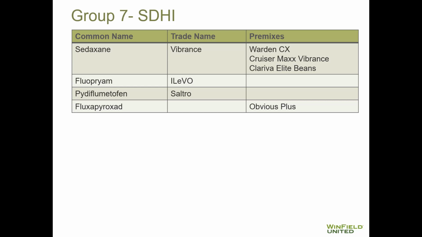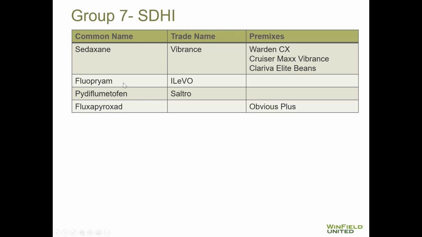Okay, you've got some other ones in here, Fluopyram, and then this is the same one that I struggled with the other day, Pydiflumetofen. Yeah, sure. Saltro. Both of these are very effective on sudden death syndrome. Okay, you'll also notice that they're very similar to the fungicides that we talked about last week.